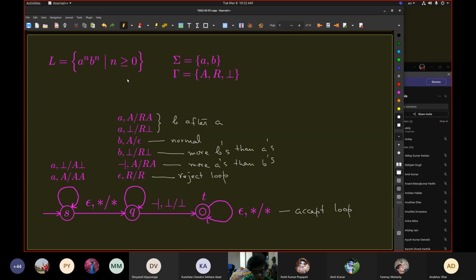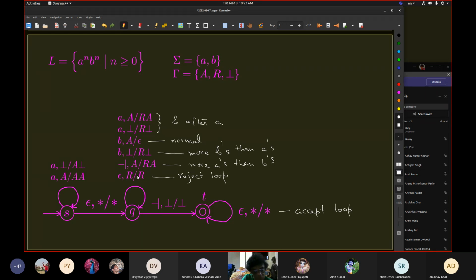Okay. So now, if I, yeah, tell. It seems to be some question. Yes, sir. Sir, when the second type of bottom marker is coming, and when the stack top is R, we haven't considered that case, sir. Why, sir?